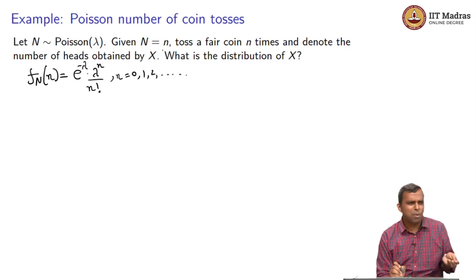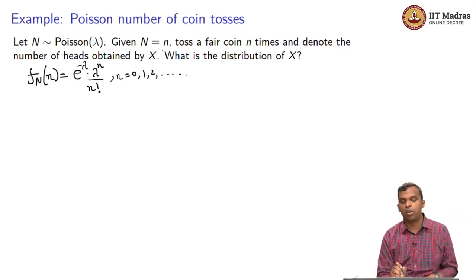It may not be as easy as throwing a die to generate a Poisson random variable, but maybe in your Colab or Python module you can see how you can generate one with parameter lambda. Somebody does that and gives you a value small n, and then you pick up a coin and toss it n times, right?